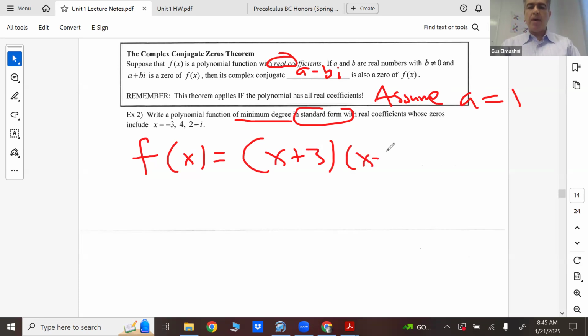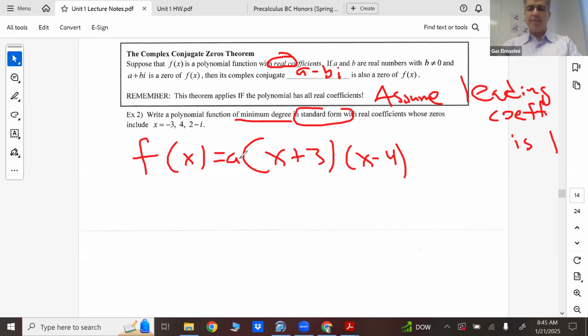Now, if I do give you a point on the curve and I want you to solve for a, then by all means, plug in that point and solve for a. But that's kind of confusing because it's a plus bi. Let me rephrase that. Assume the leading coefficient is 1. That's what I meant to say, because a is also part of the complex number. That's a little confusing.